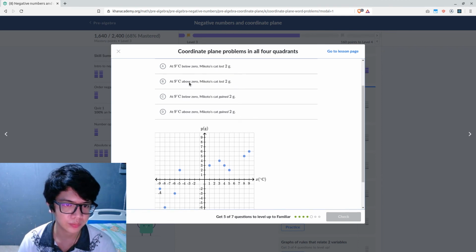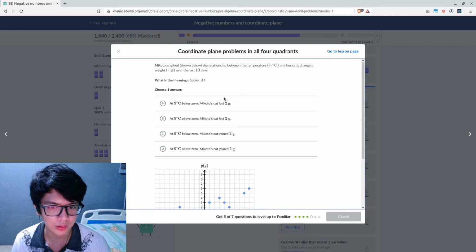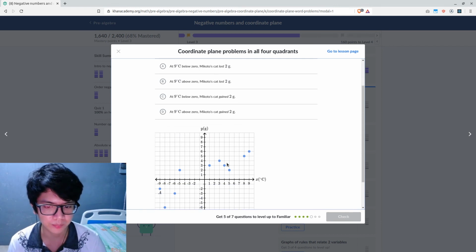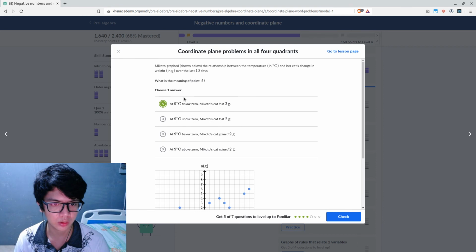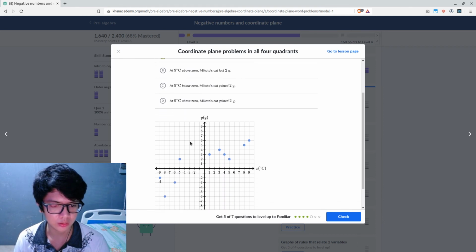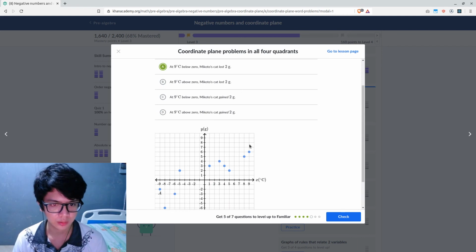Drop below negative and lost. Wait. No, we're not gaining. They're both. Point A is both below and lost. Yeah.